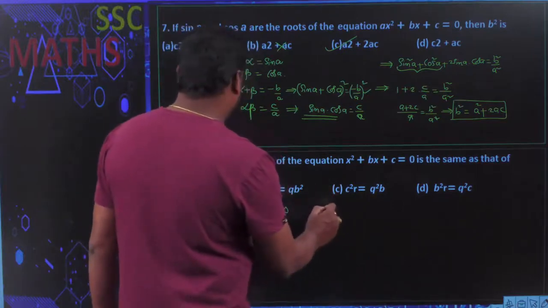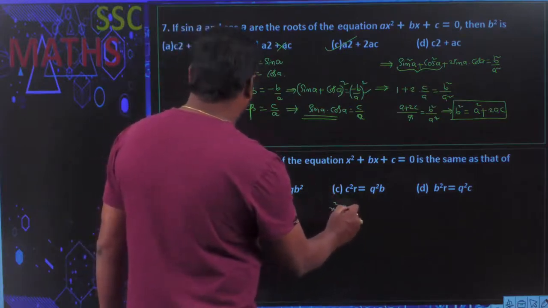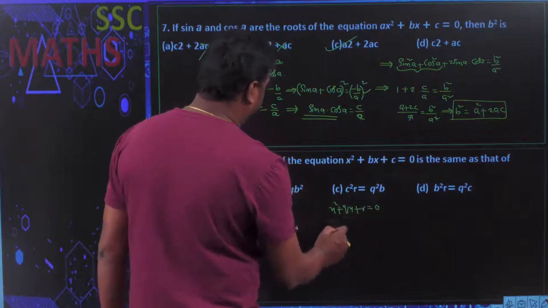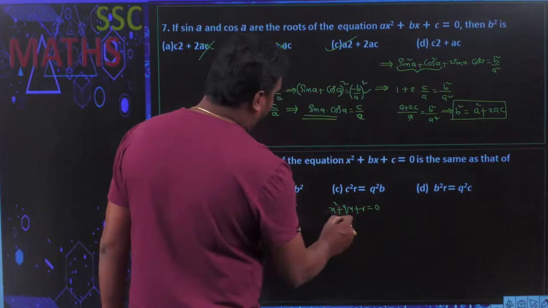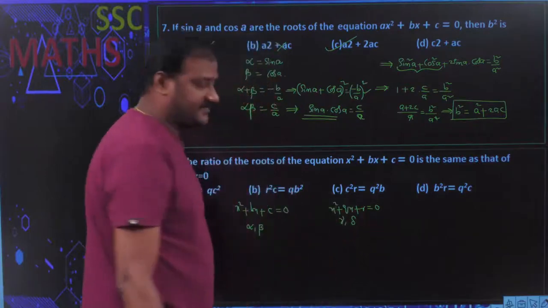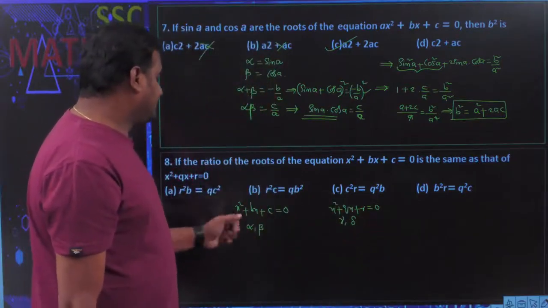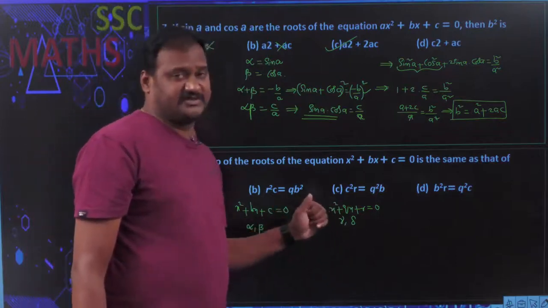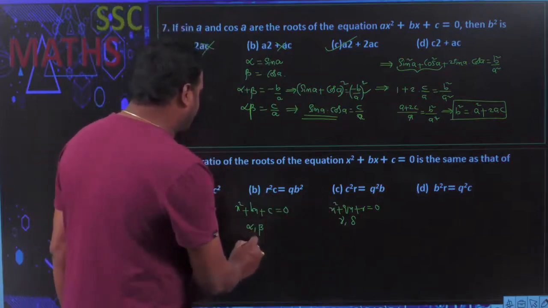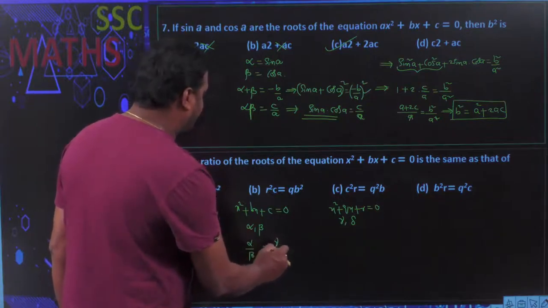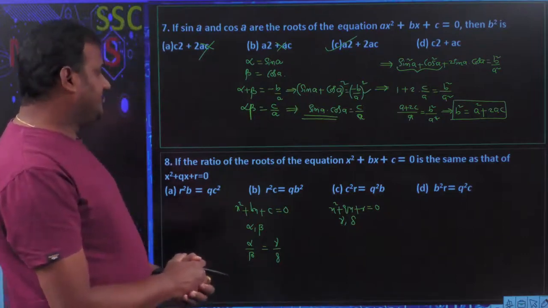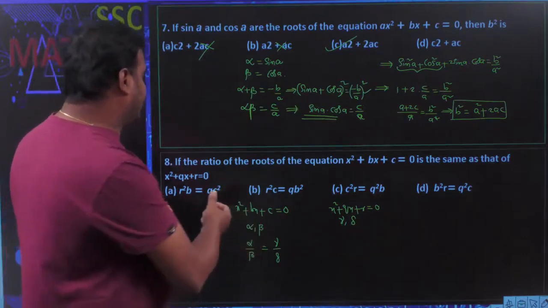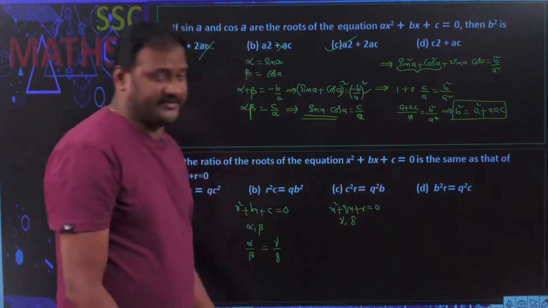For x square plus qx plus r equal to 0, the roots are, for example, gamma and delta. The ratio of the roots of this equation is the same as the ratio of roots of this equation. It means alpha by beta is the same as gamma by delta. Then how are you going to find the relation between the coefficients?